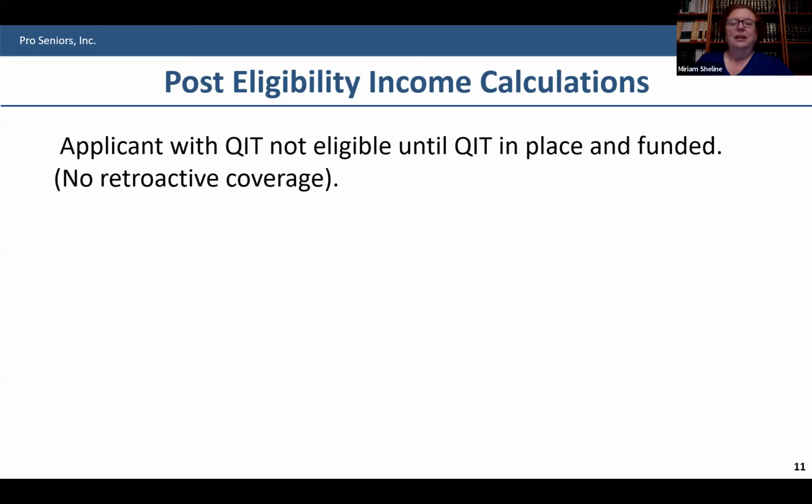With regard to the qualified income trust, simply because you put it in there, it still counts as your income for post eligibility. And you cannot get retroactive coverage because you are not eligible until you fund the QIT in that month.